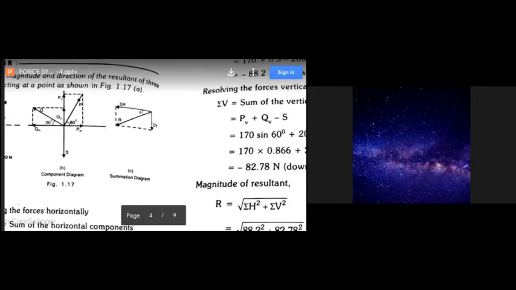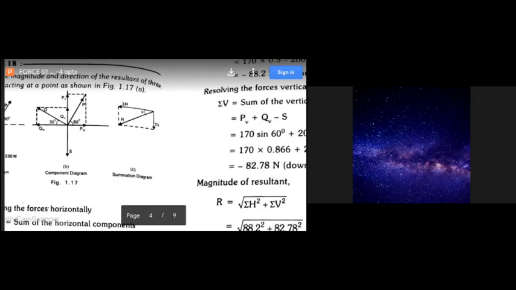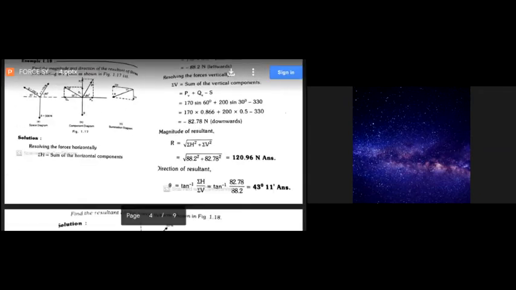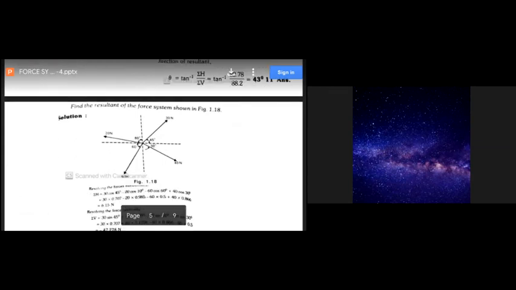Here sigma H and sigma V both are negative, which means the resultant lies in the third quadrant, and it makes angle theta. So the direction of the resultant is shown in the figure also. Like this we calculate the resultant and direction of the given force system.